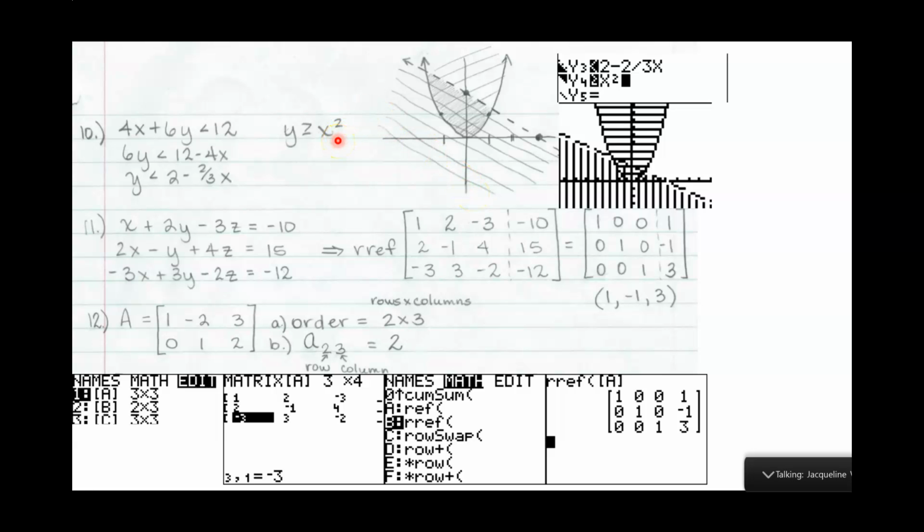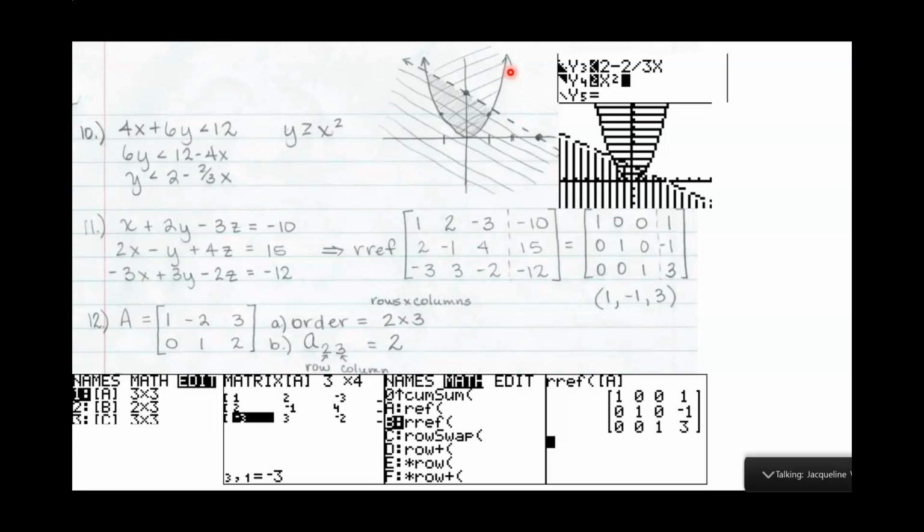So for the parabola, we've got y is greater than or equal to x squared. I can't use 0, 0 this time because that's a point on the parabola. So I'm just going to use 0, 1. Okay? So if I put 0 in for x and 1 in for y, I get 1 is greater than 0. That's true. So that lets me know I'm going to shade on the inside of my parabola.